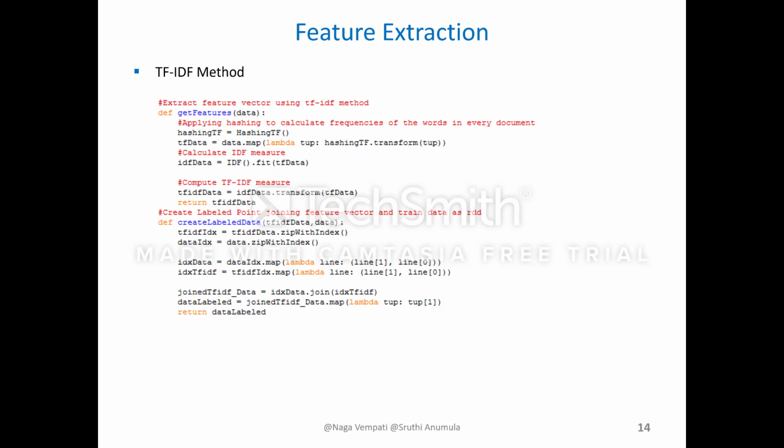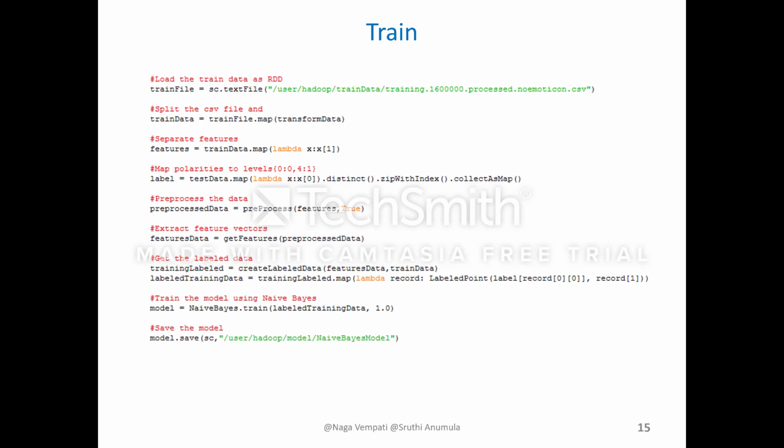After that, we compute the IDF measure. As the last step, we compute the TF-IDF measure, which we return as feature vectors. The create label data function here essentially joins this feature vector to the training data RDD so that the features are mapped to their corresponding labels so that it could be used in training the model.